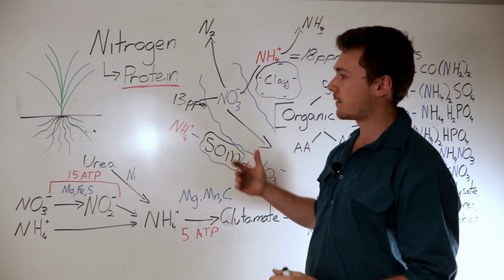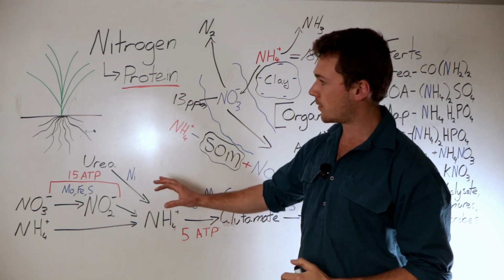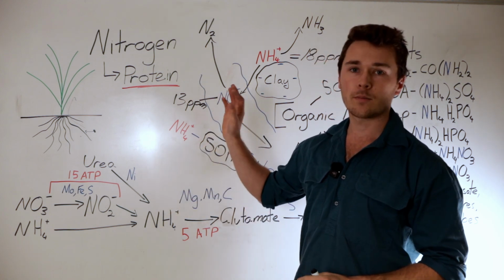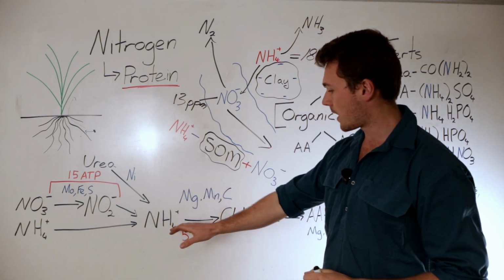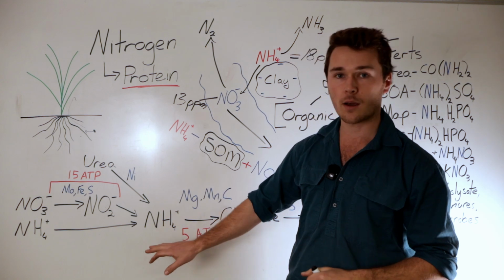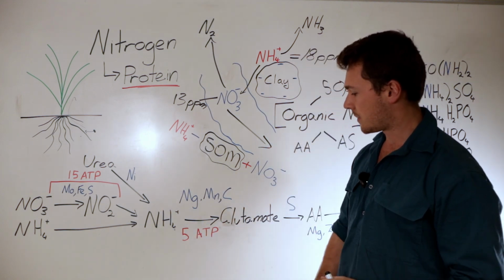So when we look at a differential sap test, we'll talk about that in a moment and how we use all this in that, we want to make sure we have really high levels of photosynthesis for our plant to then rapidly convert our ammonium into glutamate. Now this process requires 5 bits of ATP.